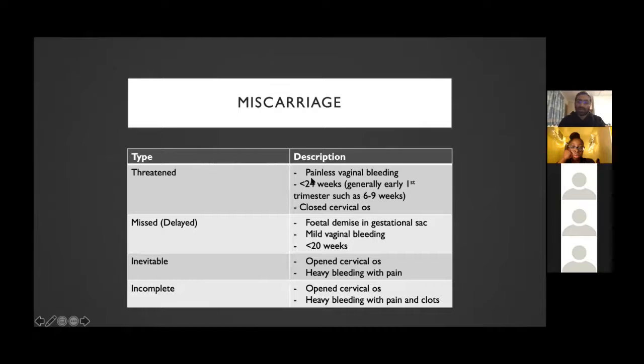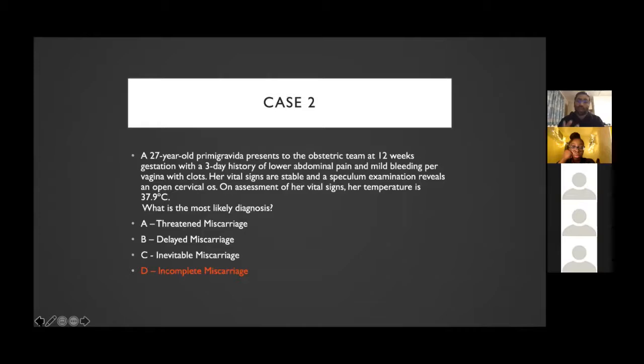Threatened miscarriage is a closed cervical os compared to inevitable and incomplete, where it would be open. So there's a chance for the mother to miscarry, which is why it's threatened, but they haven't miscarried yet, which is why the cervical os is not open, so it's closed. That's why it's called threatened.